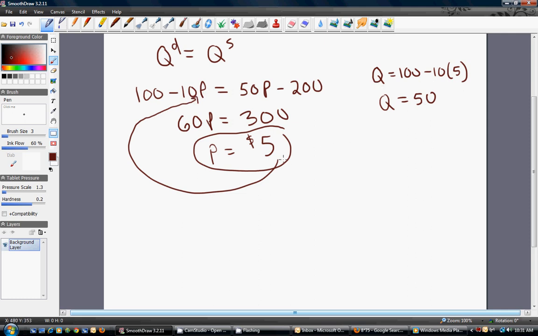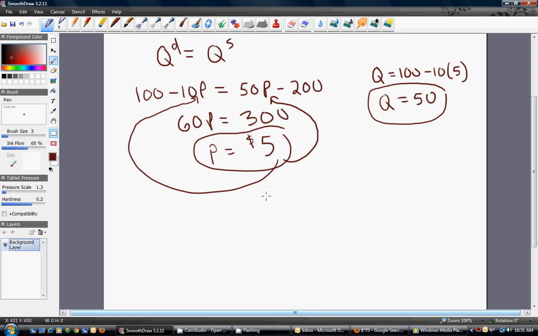And if you wanted to, you could plug this $5 back into the supply equation and you'd still get the same thing. 50 times 5 is 250 minus 200. So the equilibrium quantity is 50 units. Sellers bring forth 50 units to the market, and that's the exact amount that consumers are willing and able to buy at a price of $5.